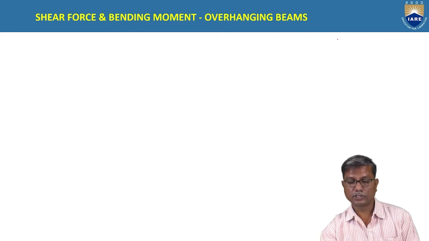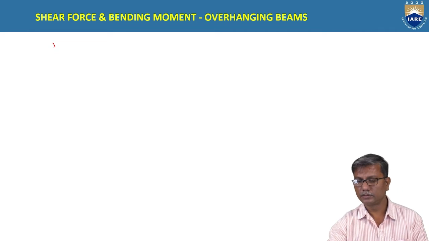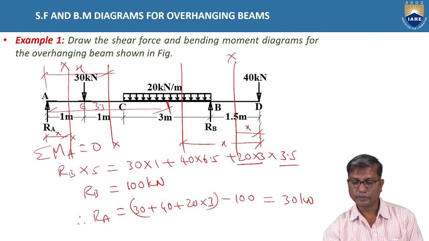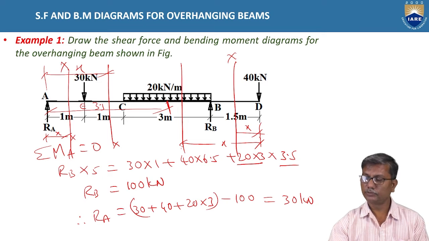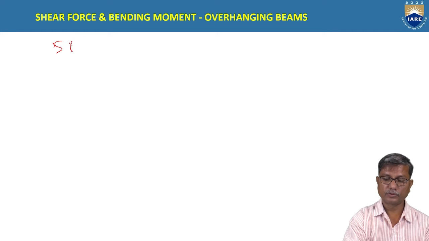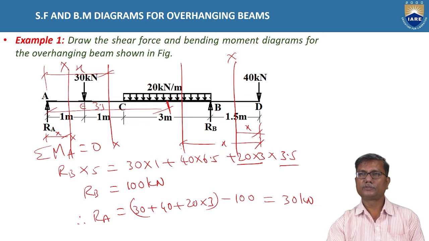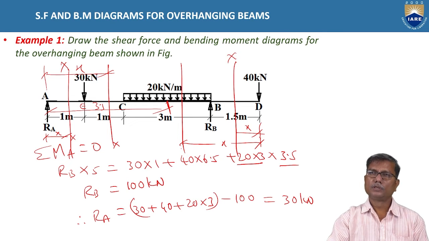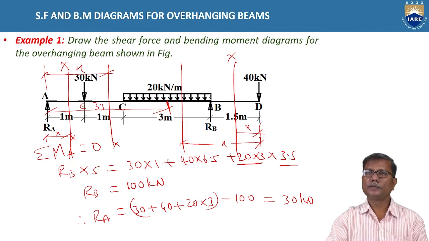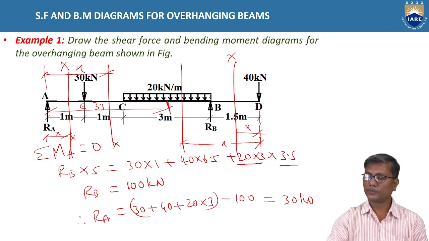Okay, next considering portion CB. Shear force at X in portion CB, from this figure you can see, 40 plus, right side downwards positive, so 40 plus 20 into X minus 1.5.